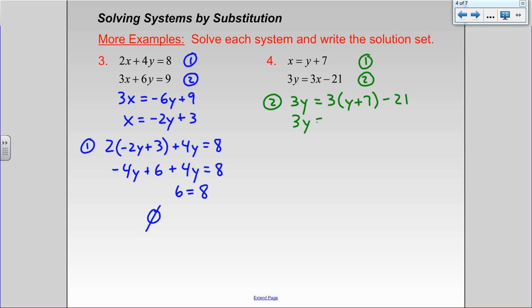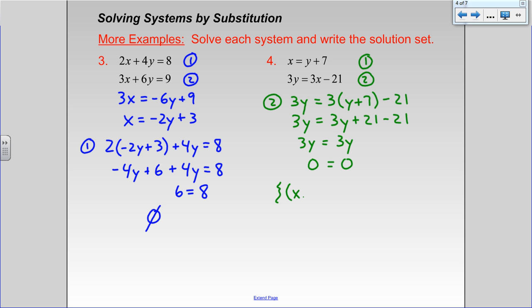Applying the distributive property, combining like terms, and subtracting 3y on both sides, we obtain the equation 0 equals 0. This is an equation that's always true, indicating that we have two equivalent equations in our system. This means the solution set for the system would be all ordered pairs that satisfy these two equations.